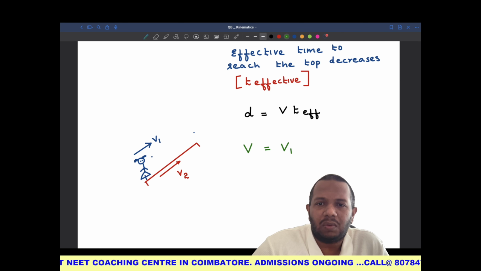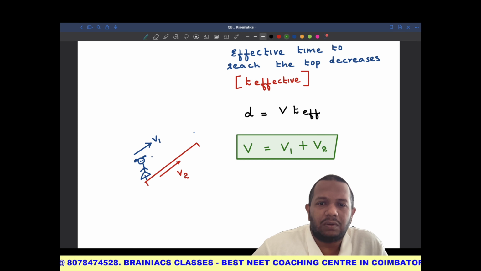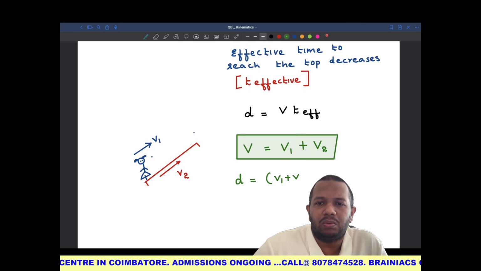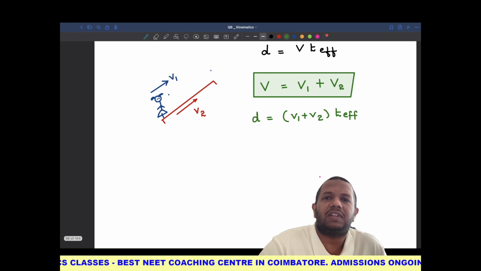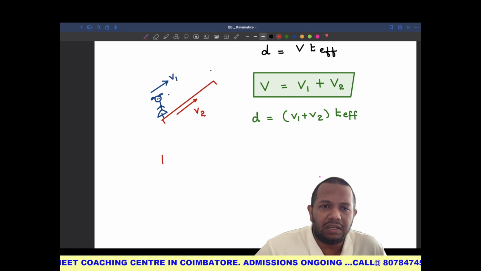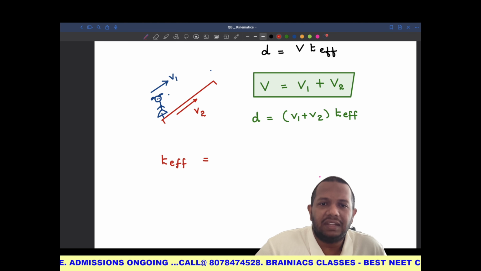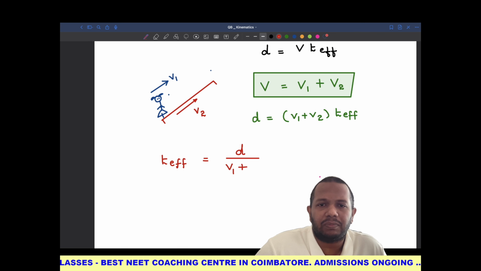So now let's substitute this. We can say d is equal to v1 plus v2 into t effective. Now let's calculate what t effective is here. I can rewrite this equation as d by v1 plus v2.